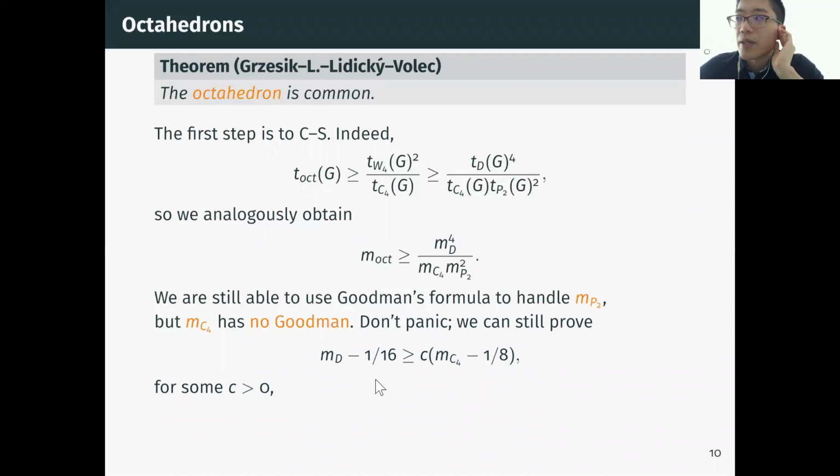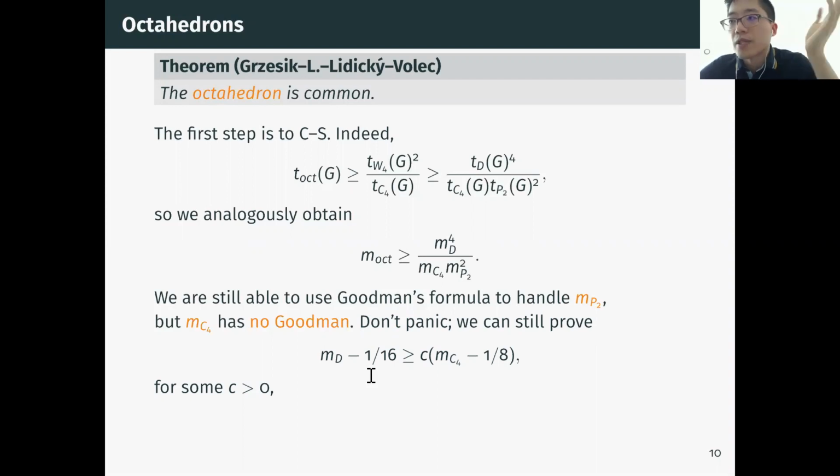A similar, analogous inequality has also appeared in this work by Hatami, Hladky, Král, Norine, and Razborov.